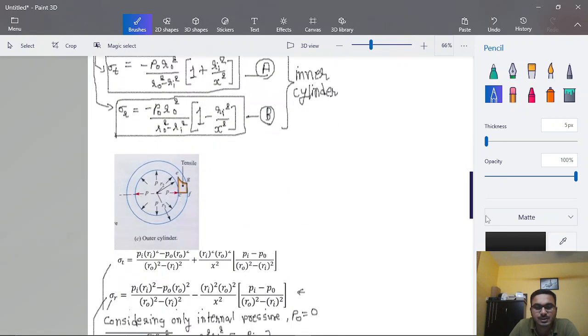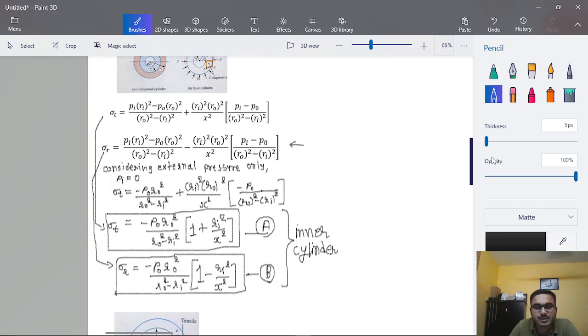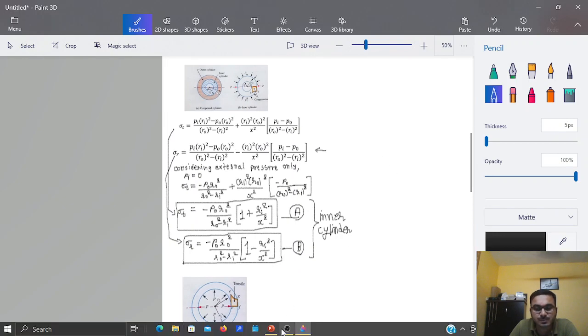I hope you have got this. These A, B, C, D equations are very important for our derivation purpose.